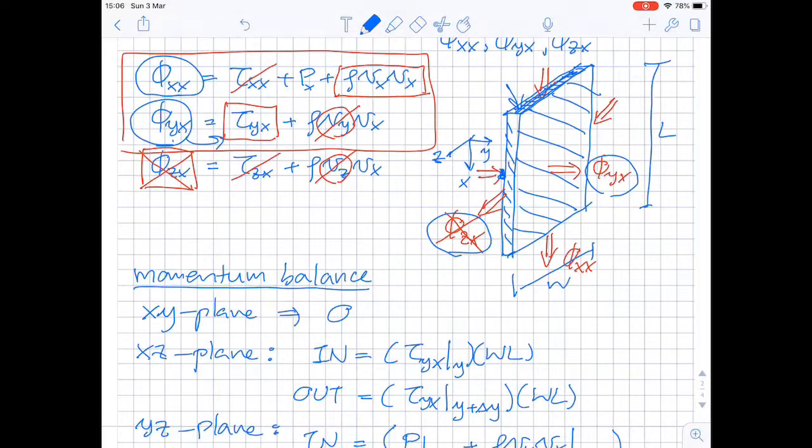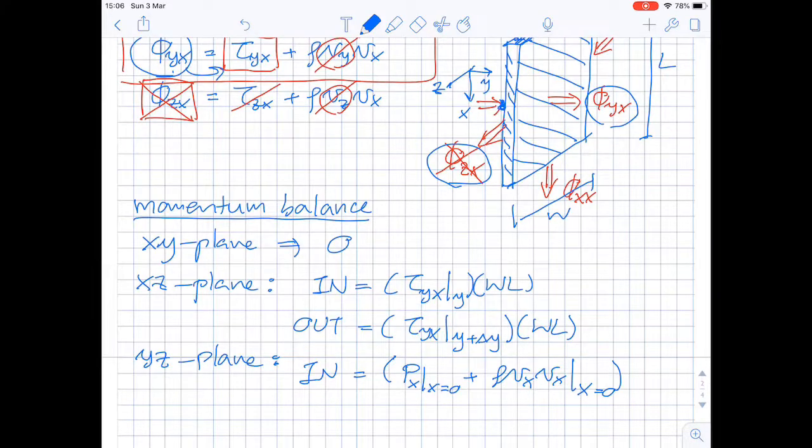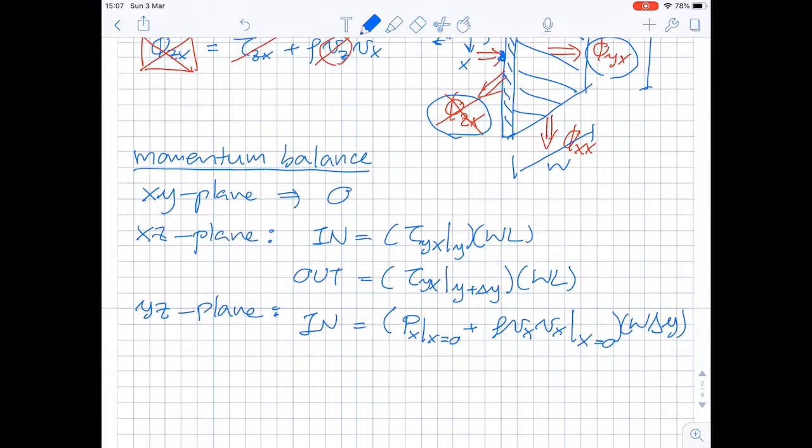W is the width, and the other length here is delta y. Same thing for the output term: pressure at the bottom, x equal to L, plus rho Vx at the bottom, times the same area.